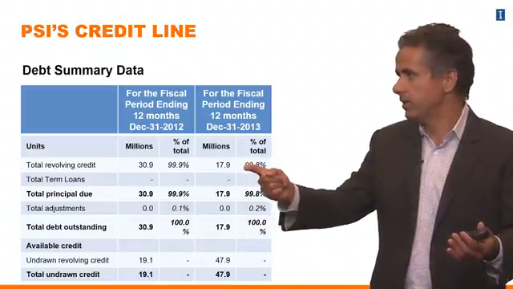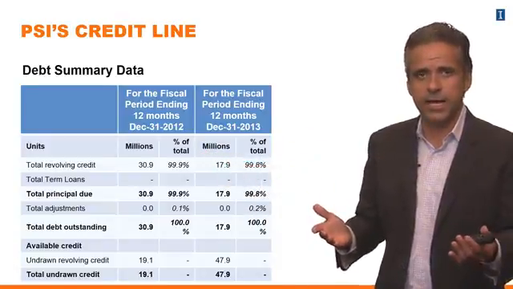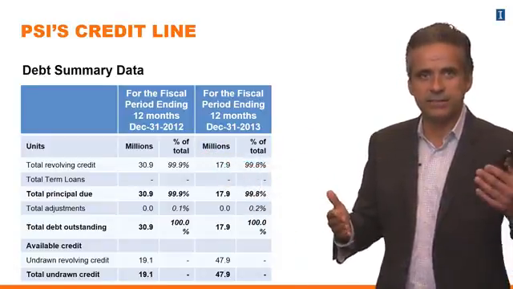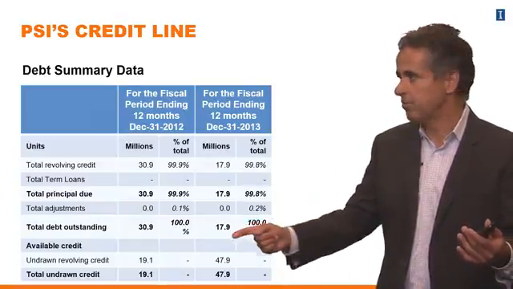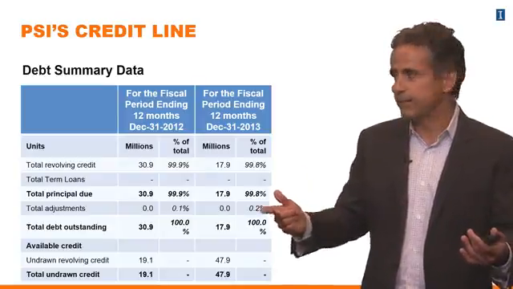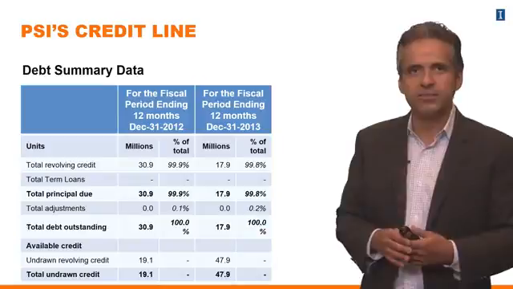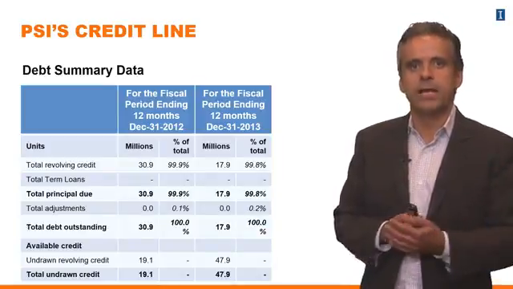If they do use it, it goes to this first item here, which is total revolving credit, okay? Total revolving credit means that this is a bank loan that was raised from a credit line. So you can see that they do have a large credit line as well, and maybe the size is not a coincidence, right? The size is pretty similar to the amount of accounts payable that the company has, okay?